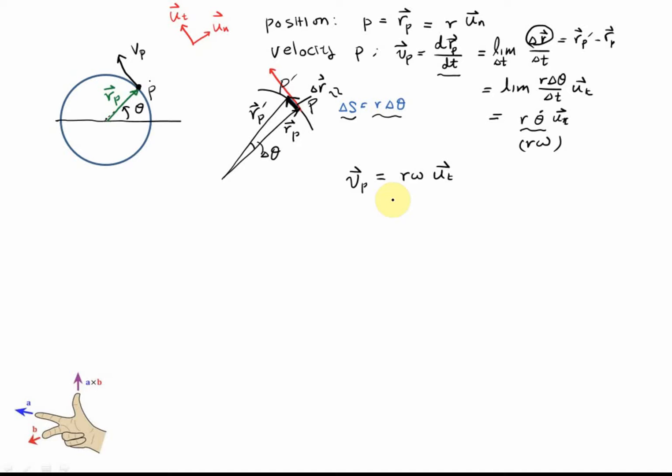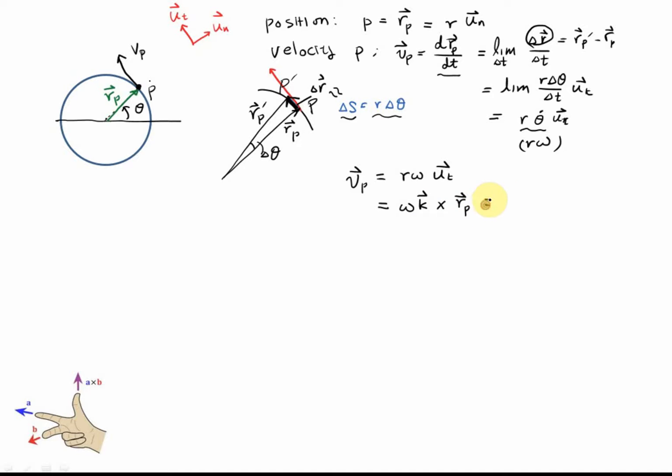Or if we want to express this in another form, we can write omega, which has the direction pointing out of this plane. Let's say that's the k direction, cross product with your position vector rp. Why is this equation the same as the previous one?